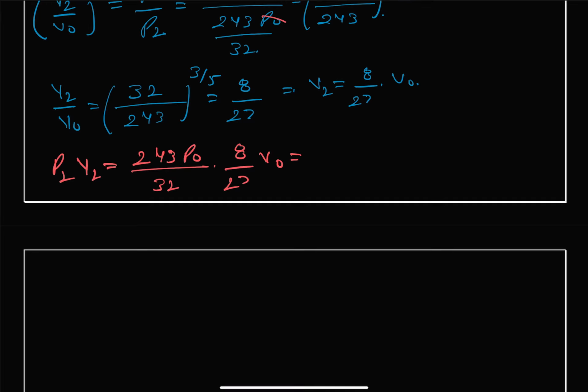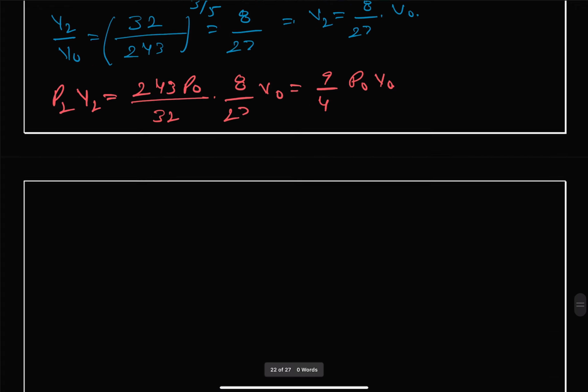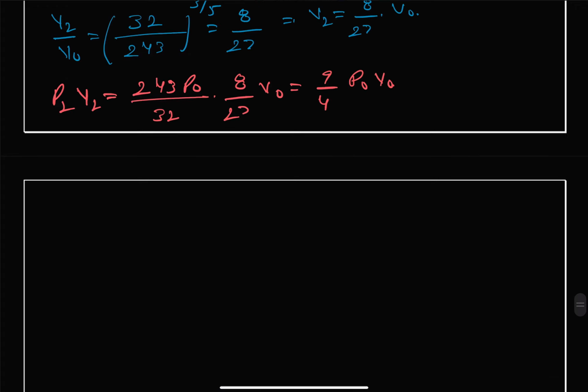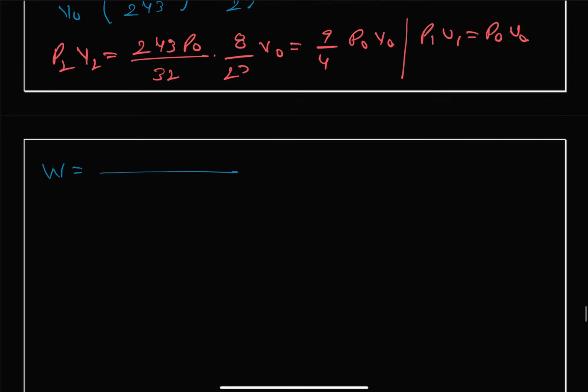giving us 9 upon 4 times P naught V naught, and then we are left with P1 V1 product is itself equal to P naught V naught, and we can say that our P1 V1 is equal to P naught V naught. Now we can substitute that our work done will be equal to 9/4 P naught V naught minus P naught V naught, and this is about 2/3, and this comes as 5/4.